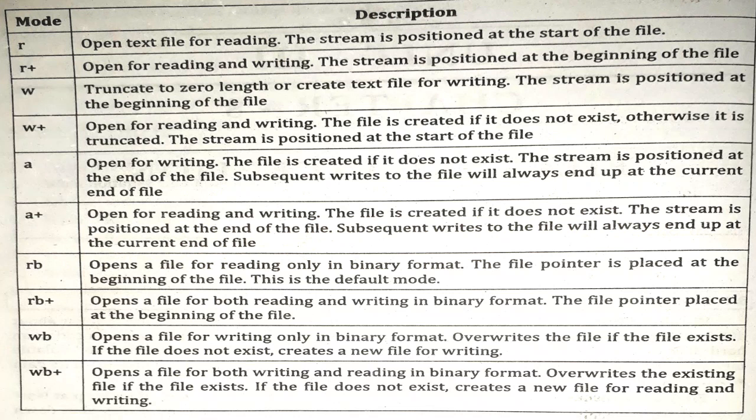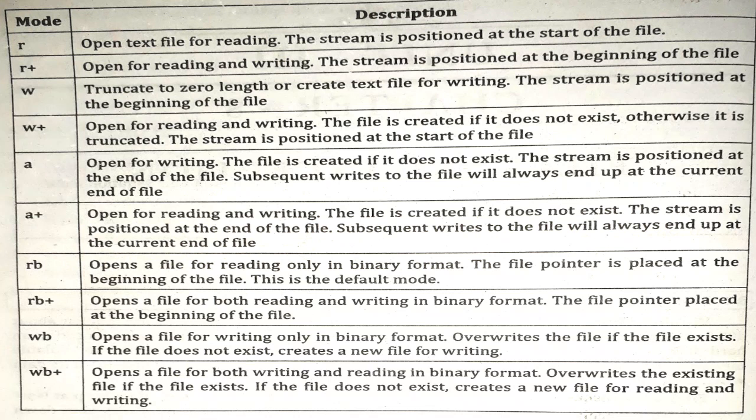Then we have W mode. W mode means truncate to 0 length or create file for writing. This stream is positioned at the beginning of the file. And like R plus we have W plus also. So if you want to read as well as write the content, then we can use this mode.